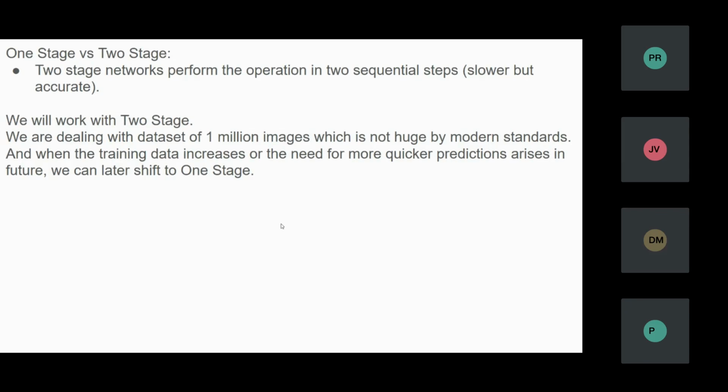When the training data increases or the need for quicker prediction arises in the future, we can later shift to one stage. As we are dealing with images that will not be used in a live manner, we can still work with the two-stage network.